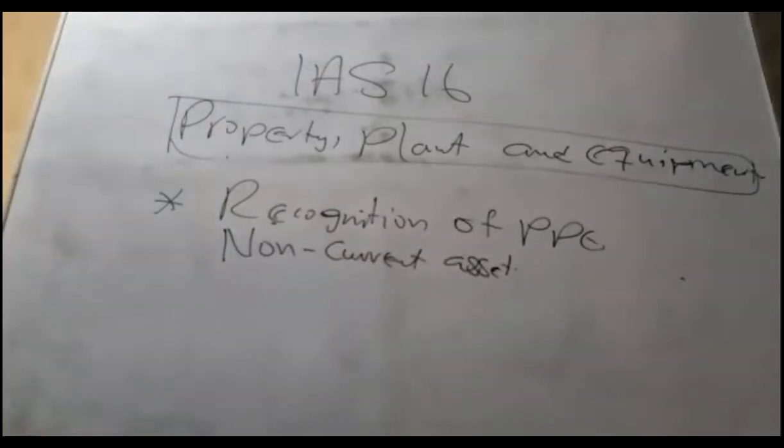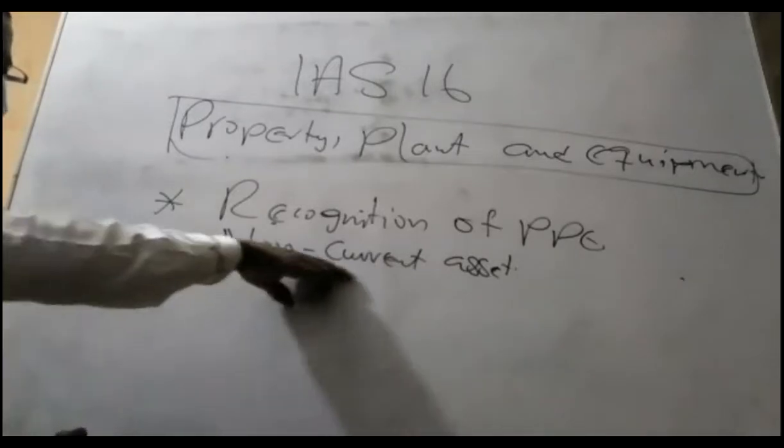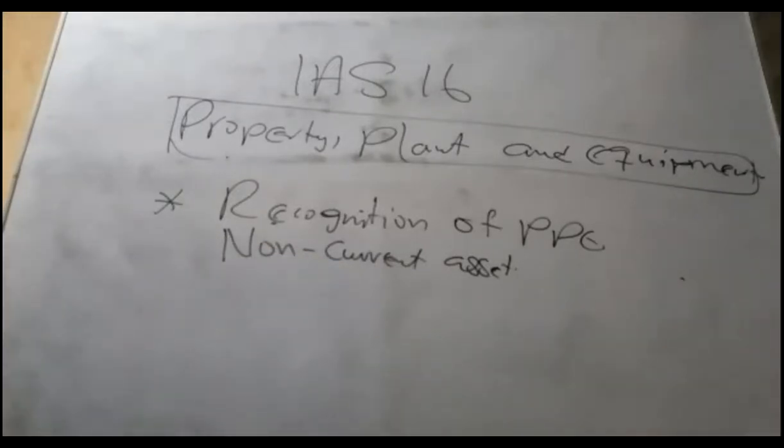Now, before you can record PPE as a non-current asset, two conditions must be in place. You're going to meet the conditions about three times. Good.